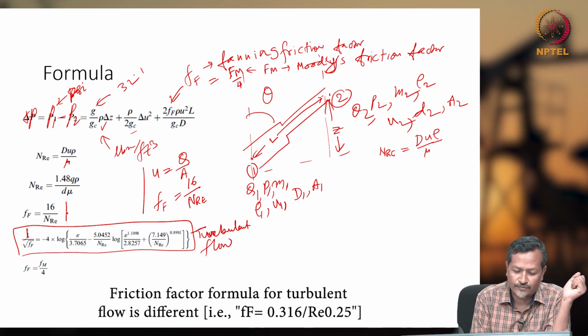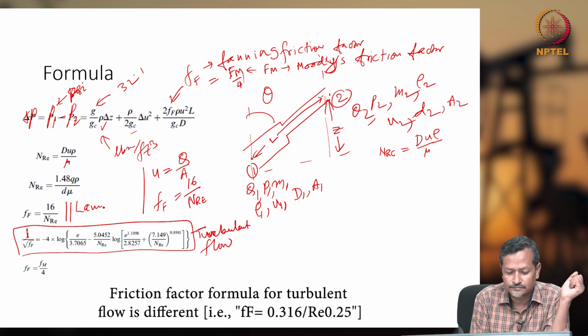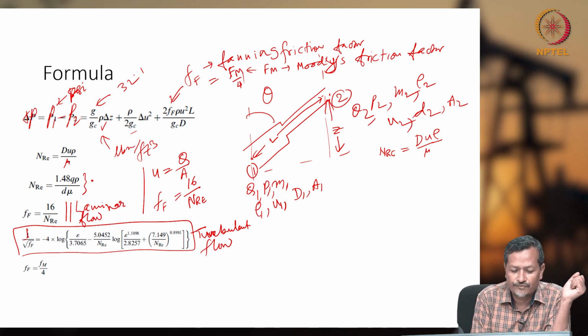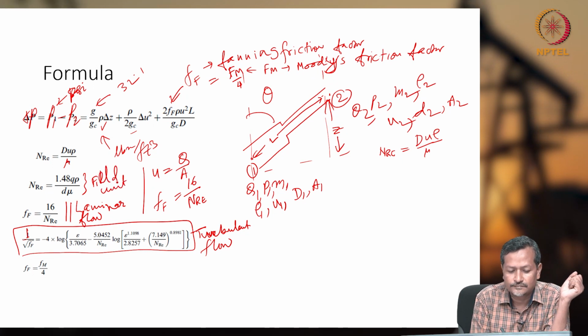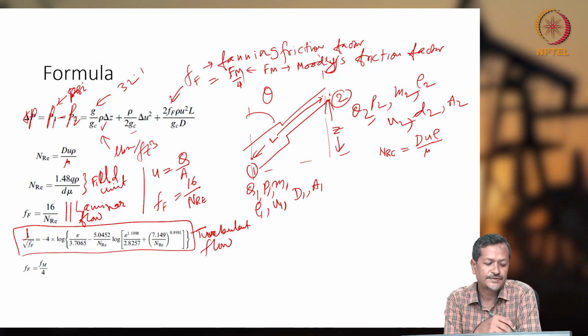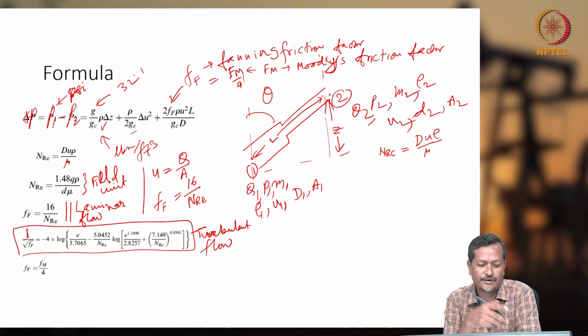And this is for laminar flow. And this is called field units. So if you are using field units, then you have to use this 1.48, because of this unit change.